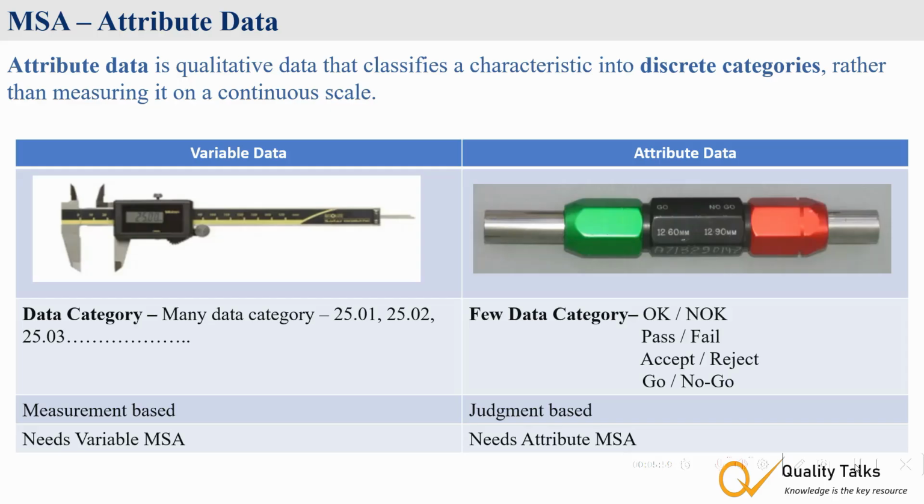In attribute measurement, there is no numerical scale, so the decisions are mostly subjective. Because of this, a strong MSA is required to ensure the consistency of inspections or judgments.